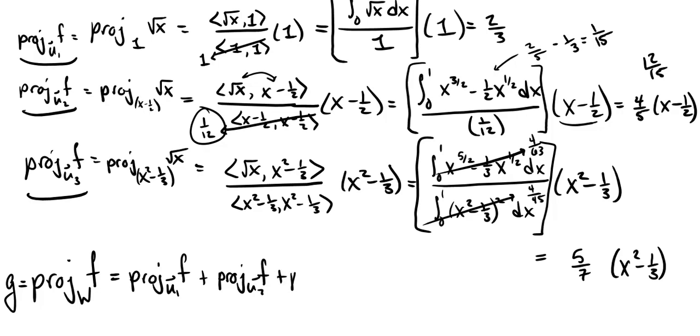So we finalize this stuff real quick and add it up. Projection of f onto U1 was 2/3. Projection of f onto U2 was 4/5 of x minus 1/2.